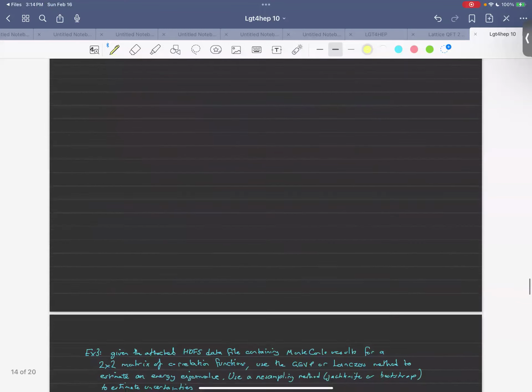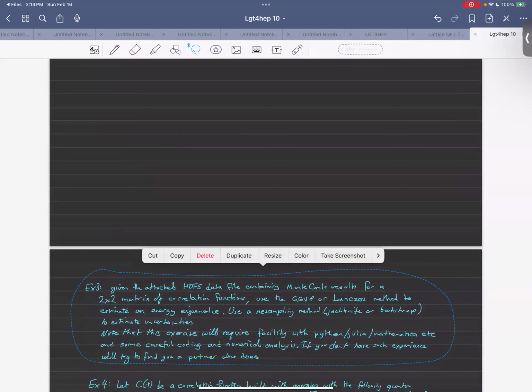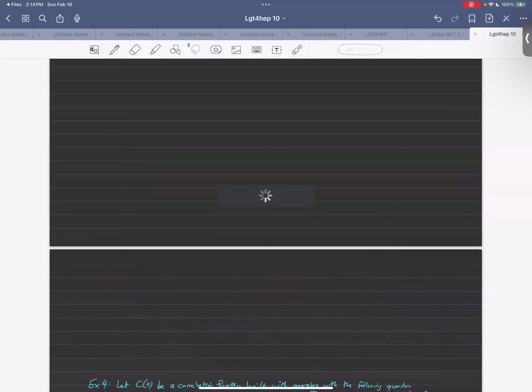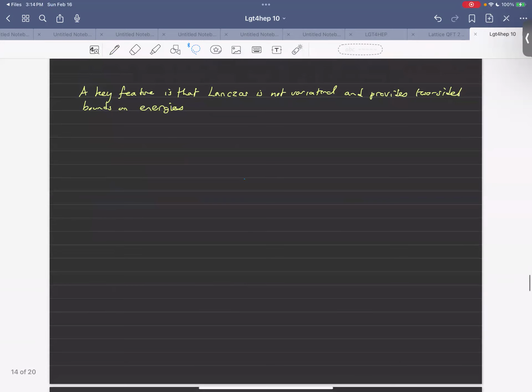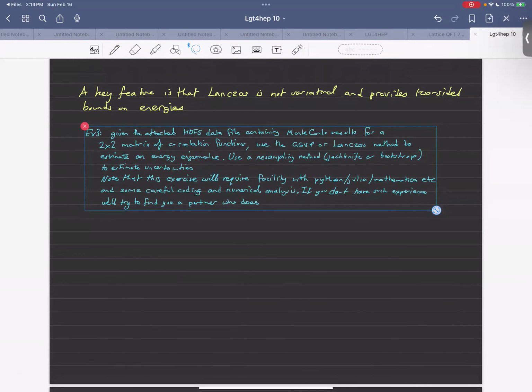Okay, so I've constructed a data set, and as an exercise, we're going to try and analyze that data set. So here's another exercise.